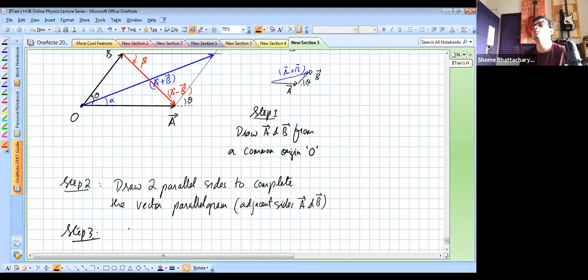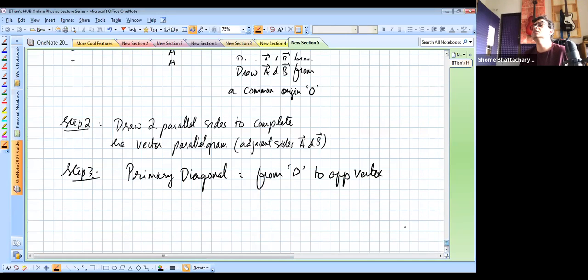The primary diagonal, that is from the common origin to the opposite vertex, that becomes the sum.